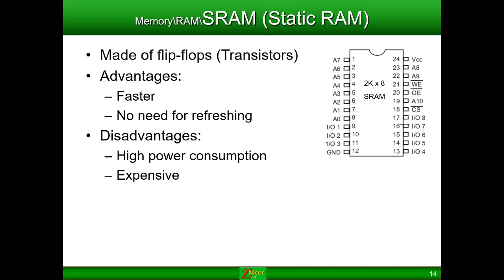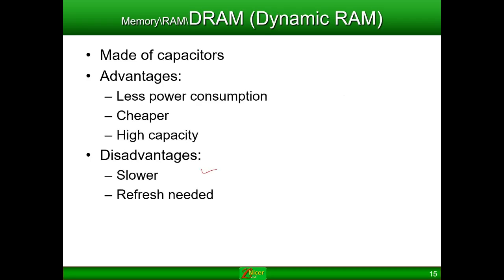We have some disadvantages as well. It has high power consumption, and it is expensive, of course, because it does not have any moving parts in it. The DRAM is made up of capacitors. It has less power consumption, which is an advantage. It is cheaper and it has high capacity.